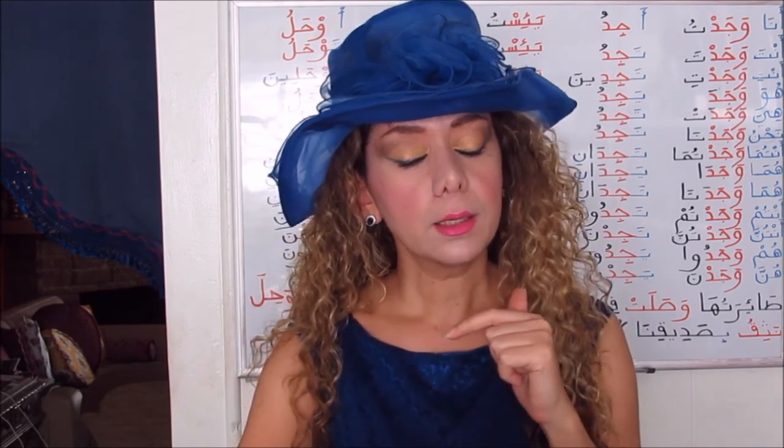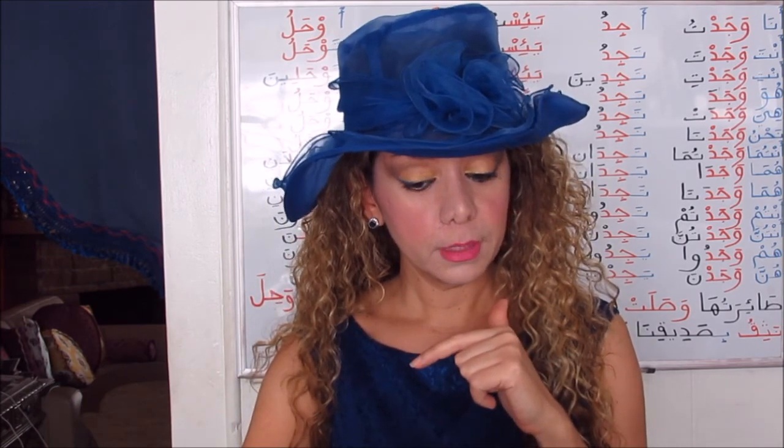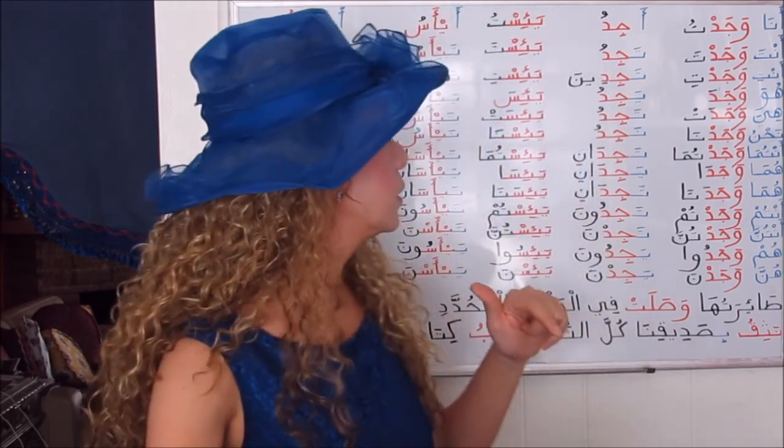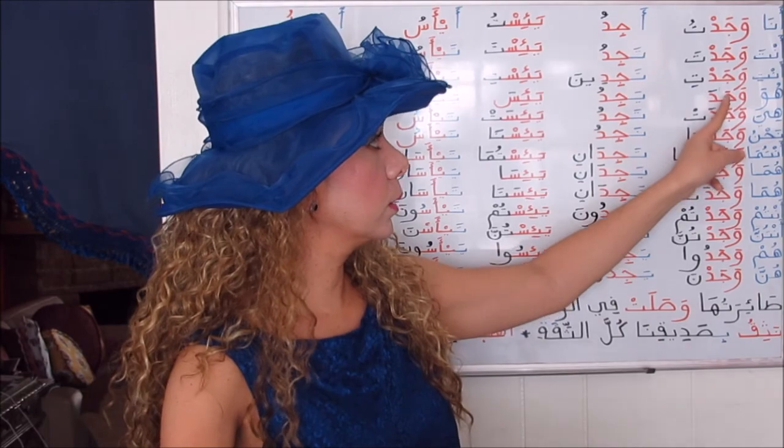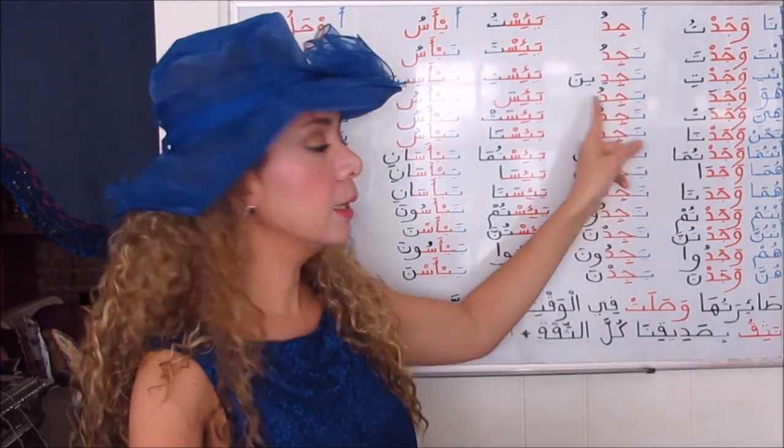Gone. Who knows? Note that the stem vowel for this verb is a kasra in the imperfect. So we have wajada, yajidu. The stem vowel fatha turns to a kasra in the imperfect.